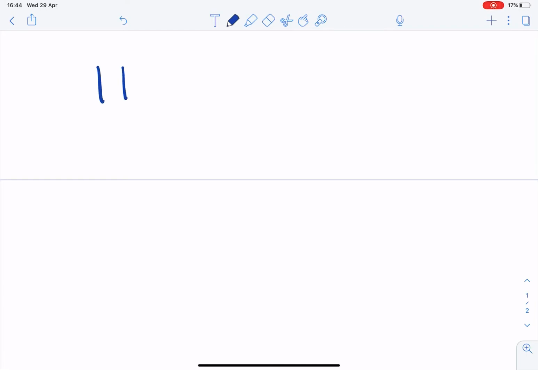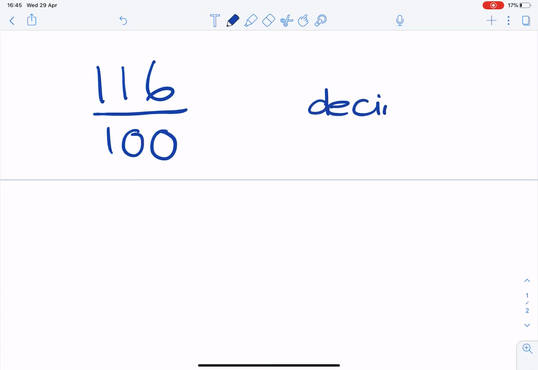Let's have a look at this fraction here. I want to write 116 hundredths as a decimal fraction. There are many ways of working this out.